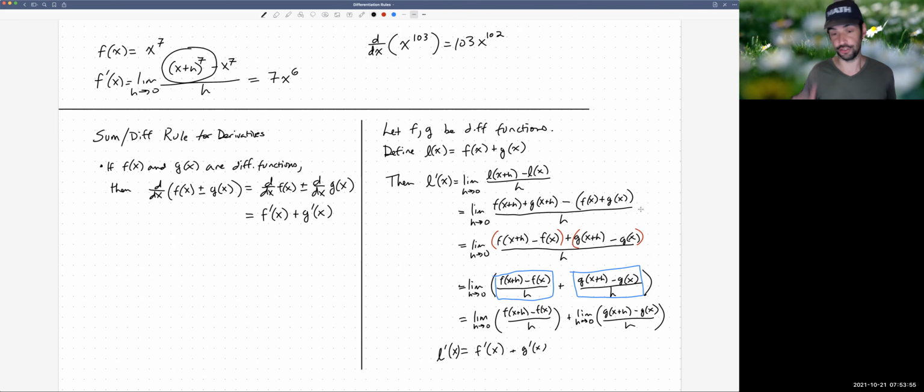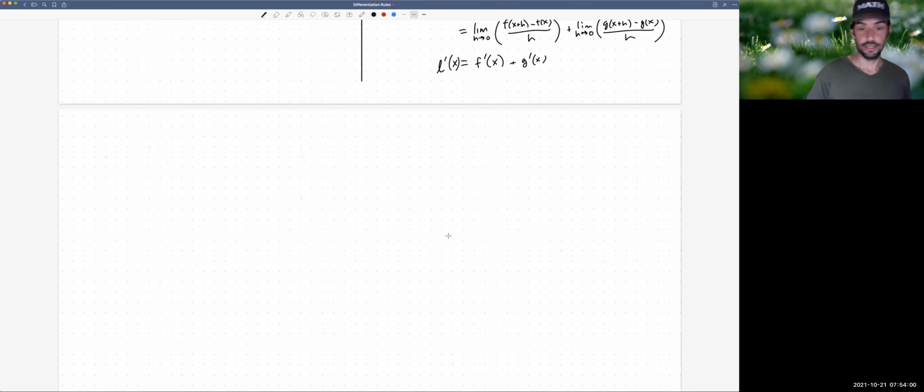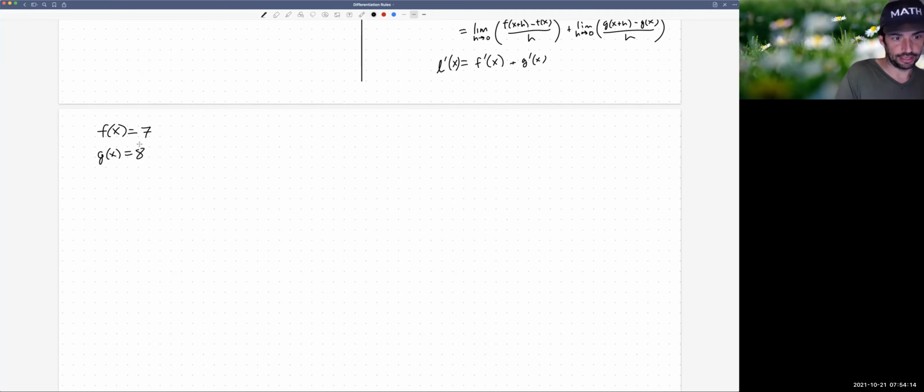So you can pull the same maneuver to get this result. Okay, so for example, let's take f of x equals 7 and g of x equals x to the 5th. Then if I want to take the derivative of f of x plus g of x, let's just write down these two derivatives.